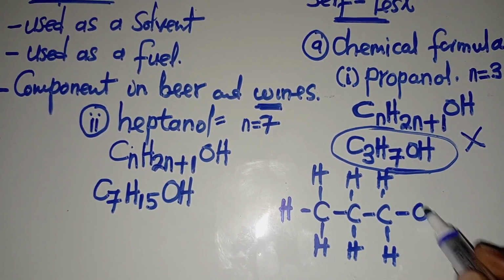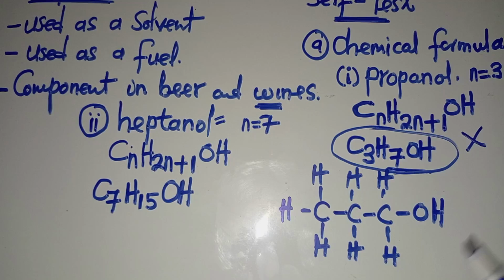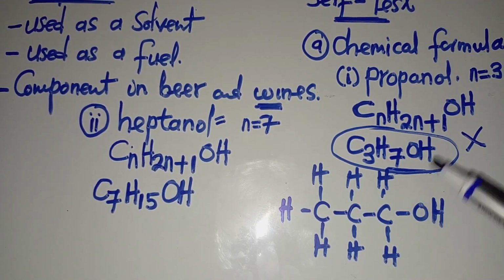Then I put OH like this. So this is the structural formula. This is propanol. This is how you need to understand it. So I guess we've revised what we did previously.